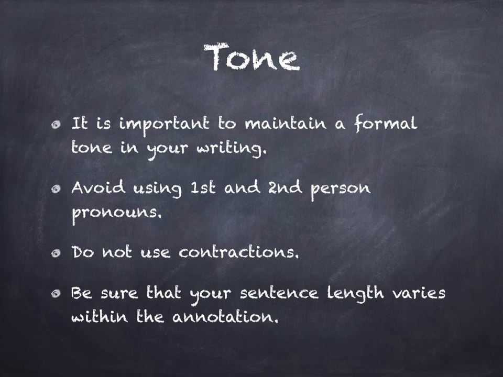Be sure that your sentence length varies within the annotation. By definition, an annotated bibliography is going to be very concise and to the point. That does not mean it should be choppy. You want to vary your sentence length so that you create a rhythmic reading pattern for your audience.